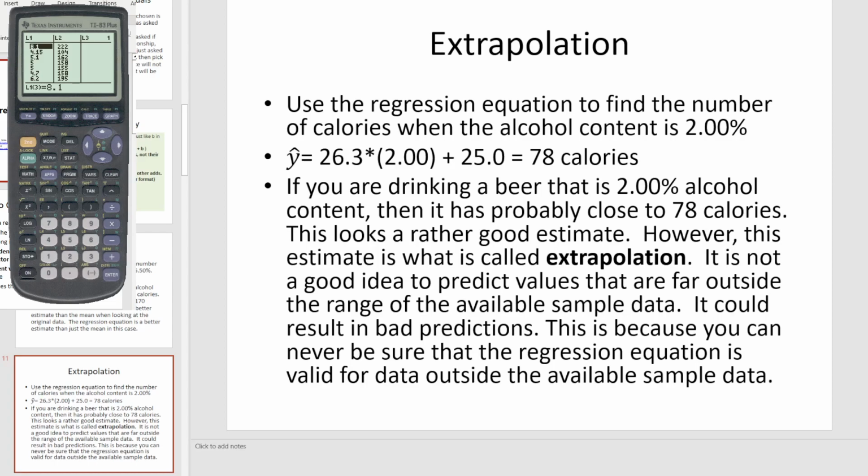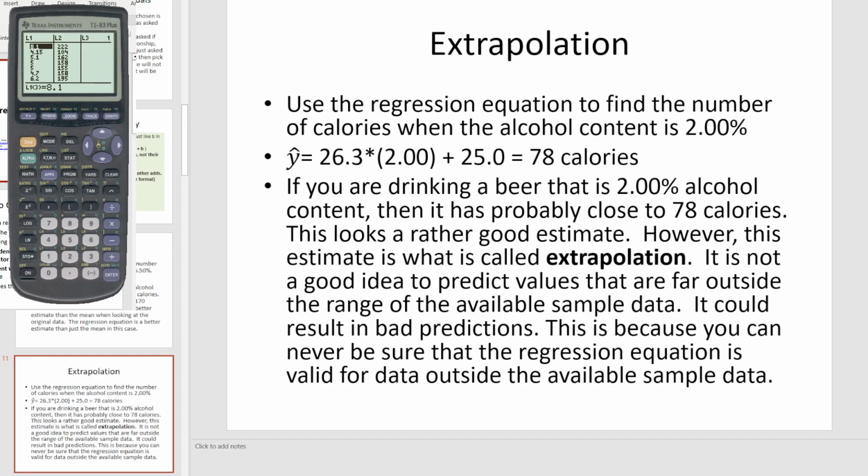But now if we want to use the regression equation to find the number of calories when the alcohol content is 2%, when we plug 2 into this equation, we get 78 calories. Now, this estimate is what is called extrapolation. This x value is outside of the range of x values that are in our original data.